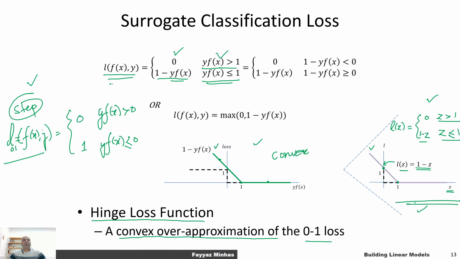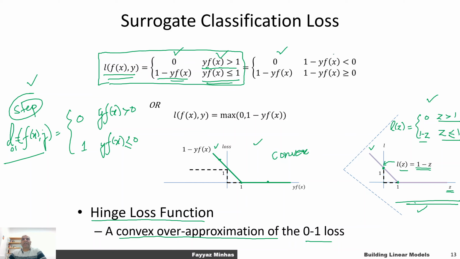So this equation that you see is the mathematical representation of this hinge loss function, which is convex, and which we can differentiate as well. So this is nice. Then we can go ahead and optimize it, as we'll see in just a moment. However, we can make this even more compact. We can say that the loss function value is 0 whenever 1 minus y times f of x is less than 0.